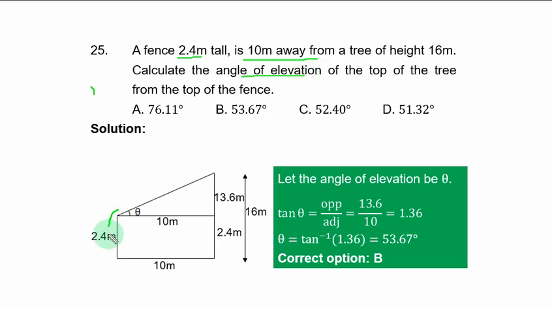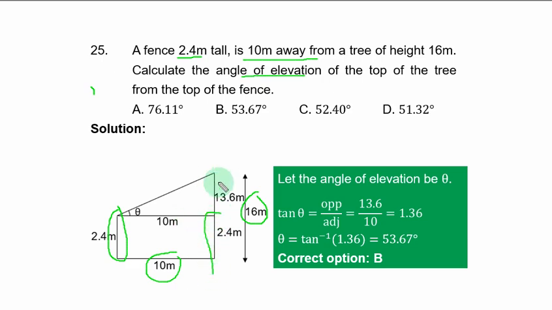So you have this as the fence and you have the tree. So the distance of the fence from the tree is 10 meters. The height of the tree is 16 meters. Meanwhile, part of the fence is also in the tree from here down.